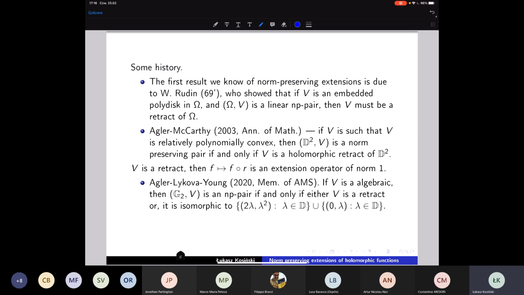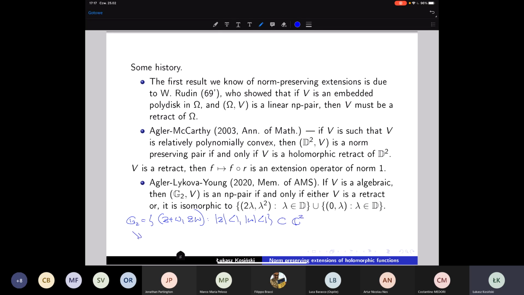They showed that the answer is no. Namely, they considered here the symmetrized bidisk. Let me write what this domain looks like. This is z plus w, and here we have the product, where both of them are less than 1. So this is a subdomain of C2.